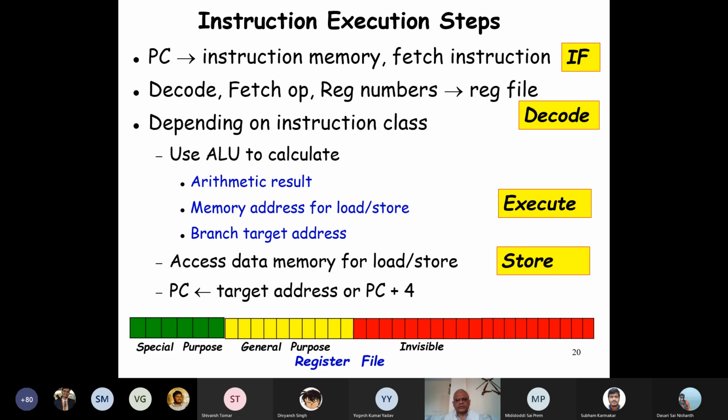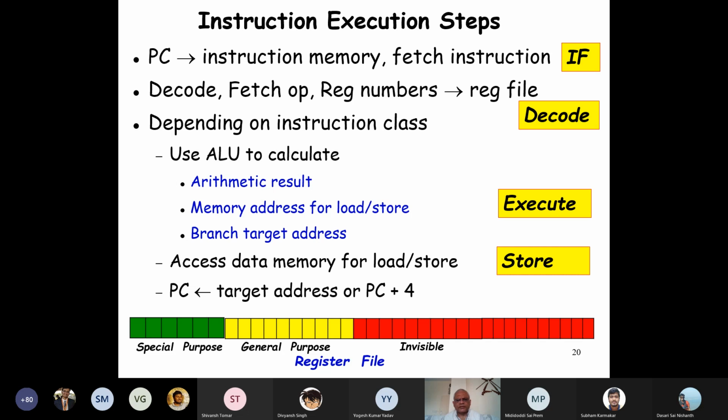We use the adder to compute the exact address. And for the branch type of instruction, we compute the branch target address. Remember that in the branch target address, we specify the number of instructions to be branched, so you need to add those trailing 0 bits. And also, it may be PC relative, so we need to add the PC value to this, and so on.